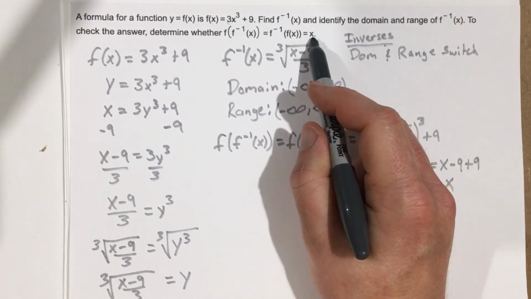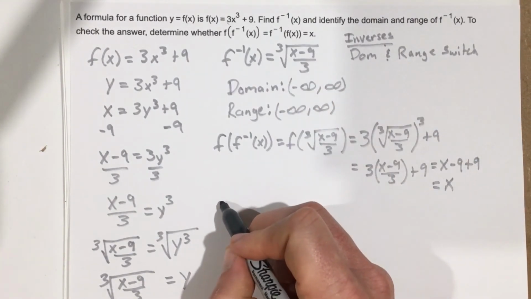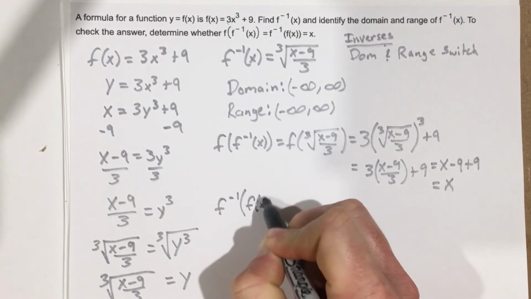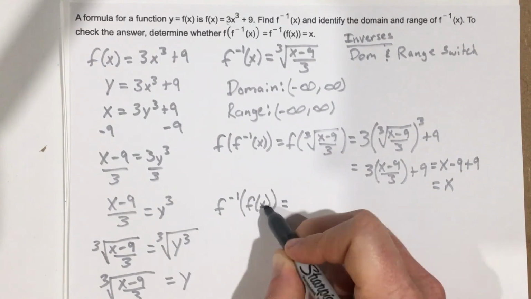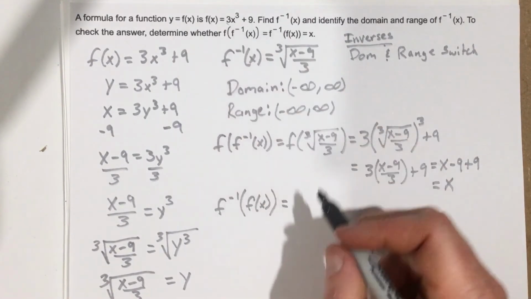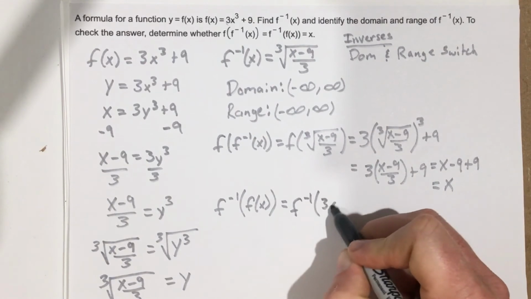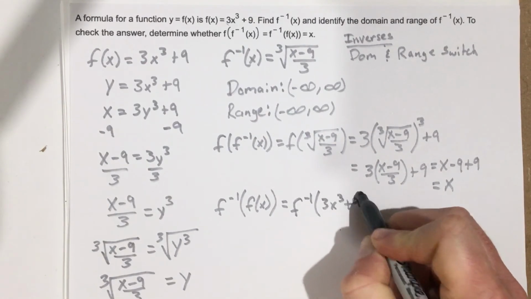So now we want to do f inverse of f of x, which means we're going to plug in the original function for the inverse, so f inverse of 3x cubed plus 9.